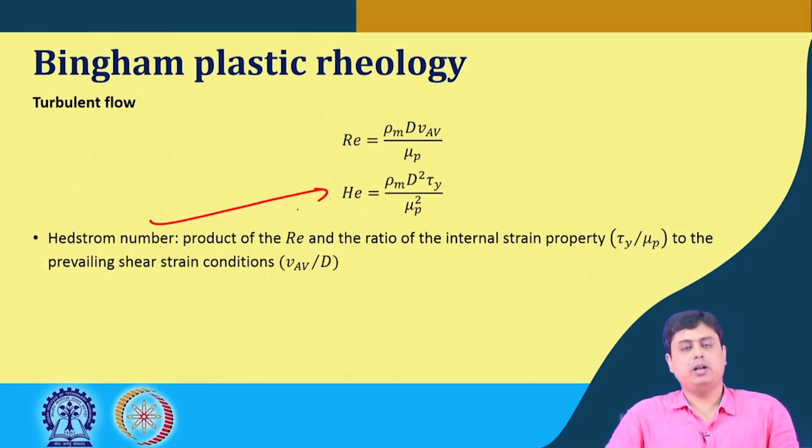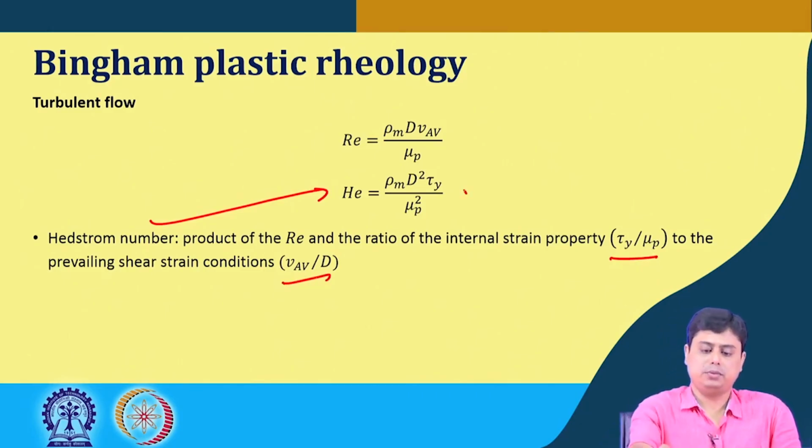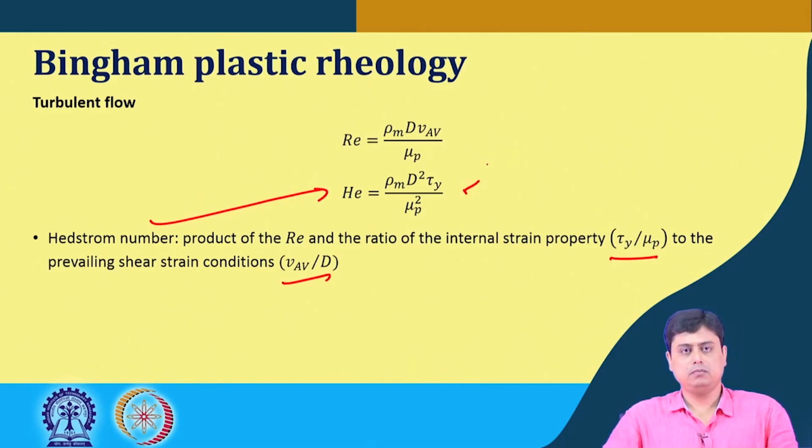Now, this Hedstrom number is the product of Reynolds number and the ratio of internal strain property to the prevailing shear strain condition, that is this quantity divided by this quantity multiplied by Re. That gives this expression. So, that means the flow condition is dependent on these numbers, or these numbers would help us to determine whether the flow is in laminar or in turbulent condition.